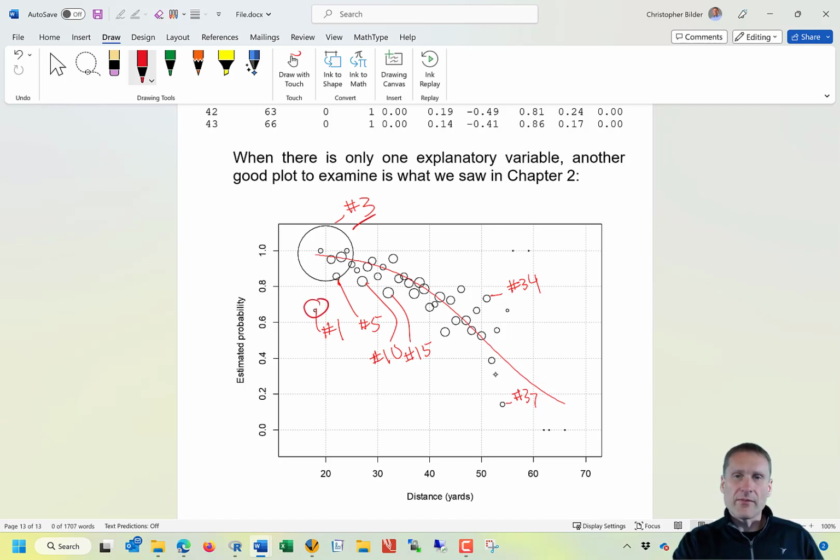Here's that number 1. And we said at the time, well, if I had a small plotting point here, this is maybe not something that we have to worry about, because it just so happened 1 out of 3 times we did not have a success. We can see some other ones. Notice how 34 kind of sticks out. It's a larger plotting point because we had 15 observations, and we can see that there is some distance there from the model. And that's what essentially some of those diagnostic measures are picking up on.